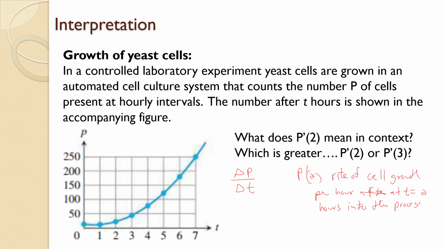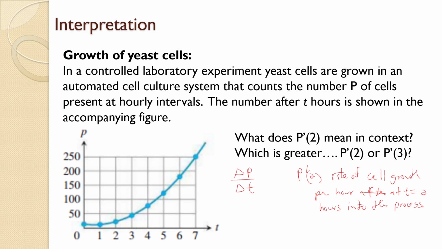It tells you exactly how fast the population of cells is growing at that exact moment as a rate of cells per hour. So which would be greater, P prime of 2 or P prime of 3?